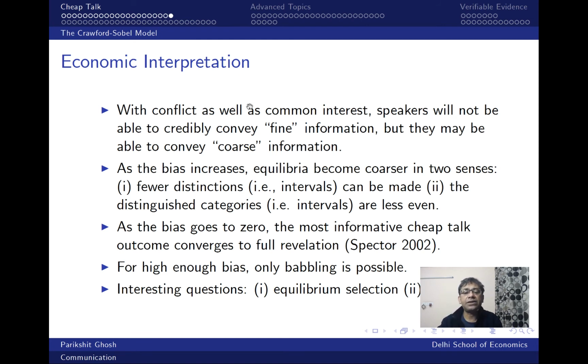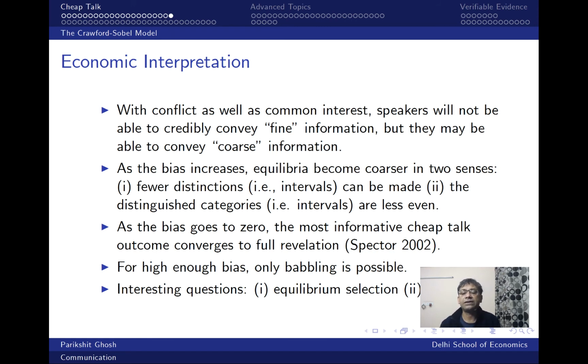So when we have this sort of situation, in equilibrium, speakers will not be able to convey fine information. The state of the world is a continuous variable. Theta is continuous, right? So in principle, the speaker can make fine distinctions in what the state of the world is. In equilibrium, because of credibility problems, the speaker will not be able to make these fine distinctions. However, there is scope for informative cheap talk.